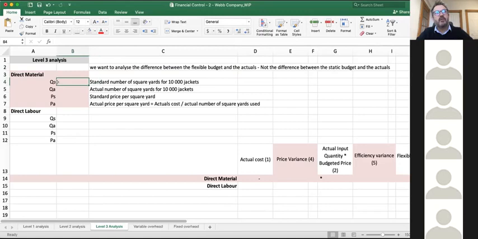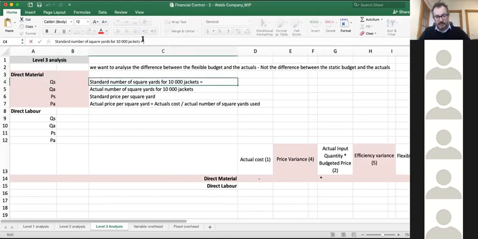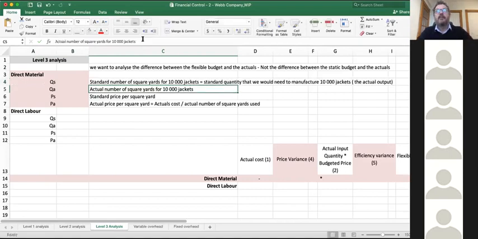Okay, so even when we take the standard quantity, that quantity that we would need to manufacture 10,000 jackets, the actual output, this is what we want.